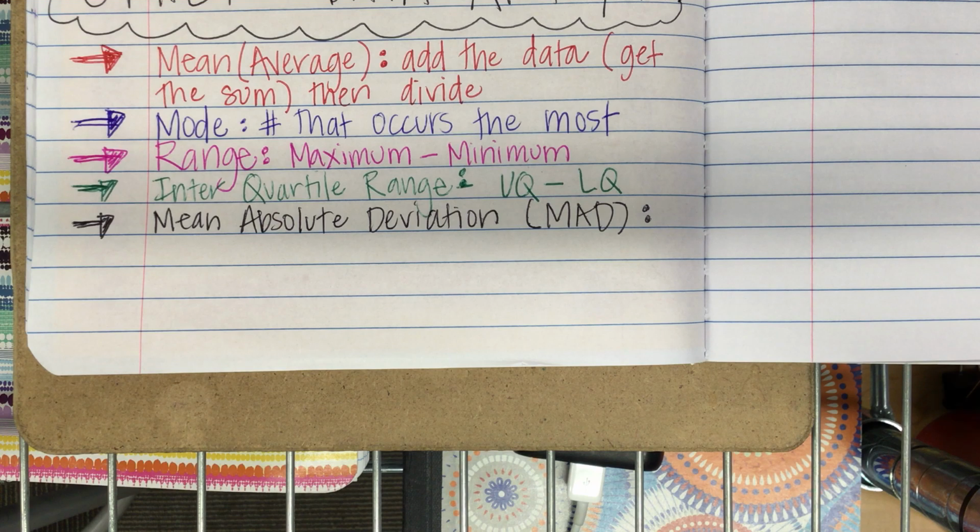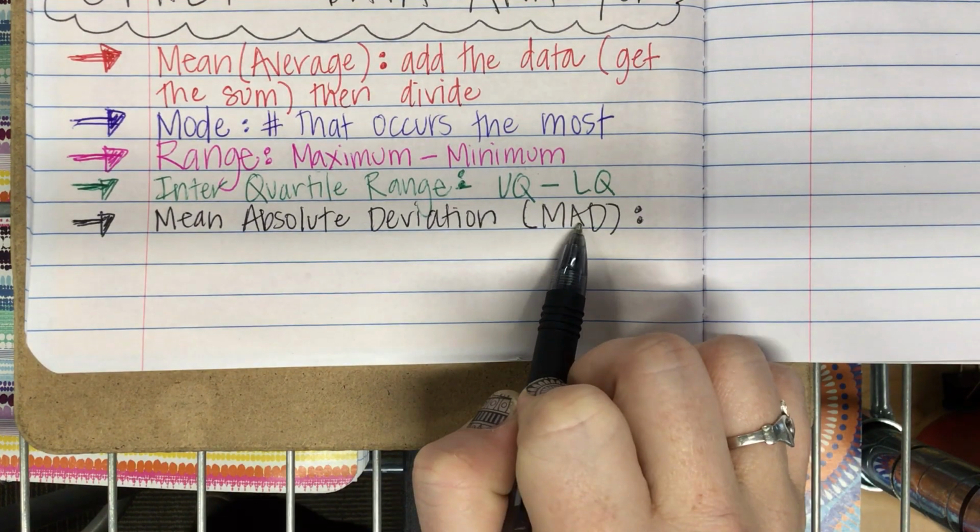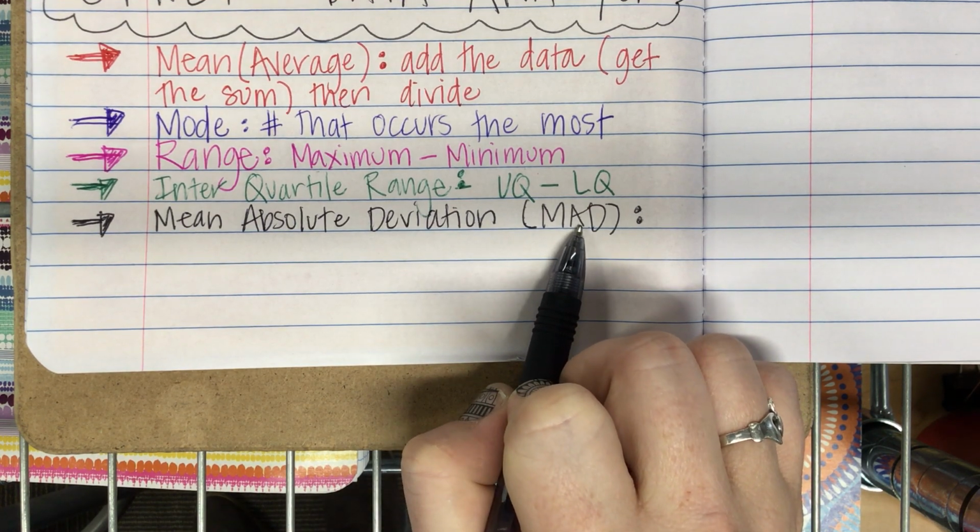Absolute value, it's the distance something is from you. And deviation is the change, right? So it's how far away. What's the average amount that it's away from something else. So there are multiple ways to do this. You can find the MAD, the mean absolute deviation, for the mean, for the average.